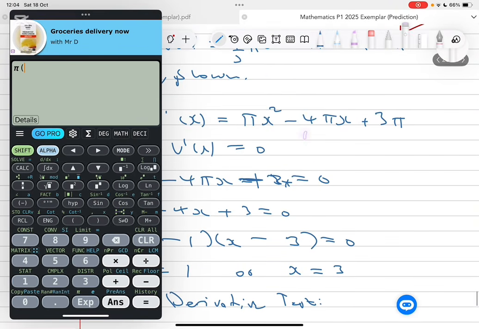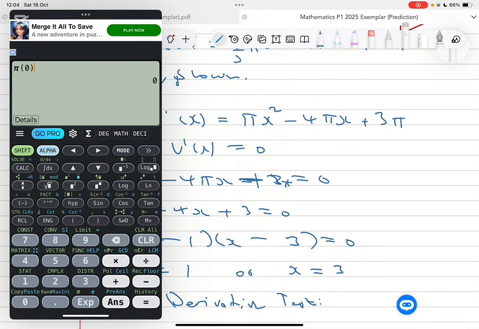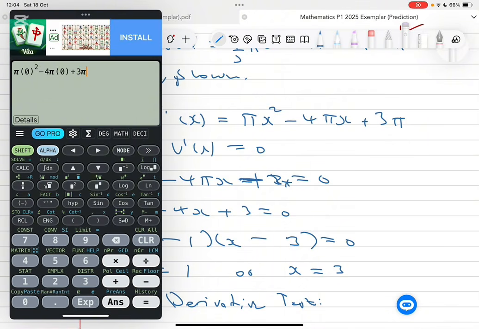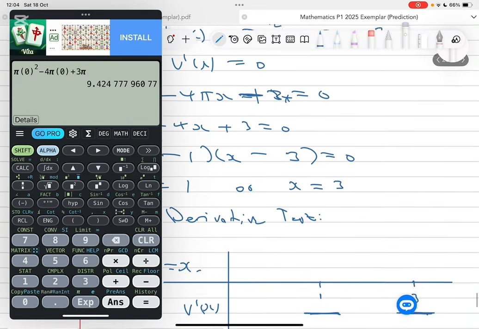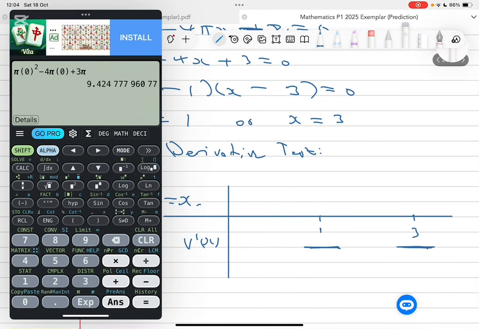In fact, when I take a 0, I can quickly see that I'm going to have a 3 pi. But let's do it just for practice purposes. So here I have a pi as well. We multiply this pi by 0 plus 3 pi. So my answer would be a positive number there. If you look at it, it's a 3 pi.